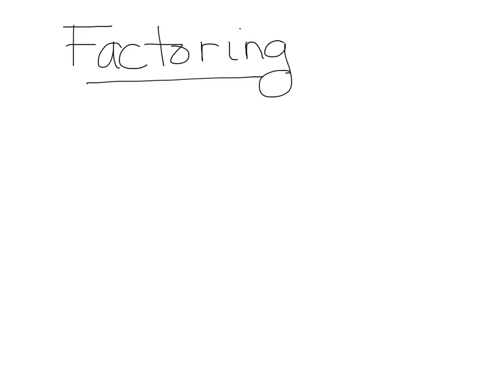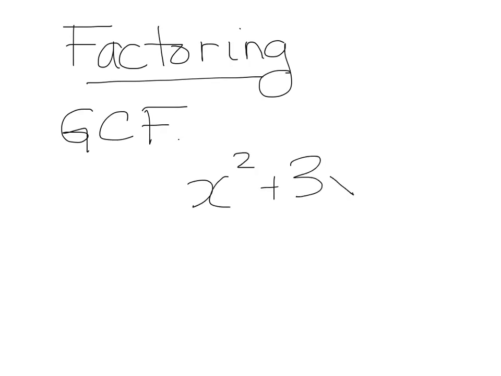And the first thing you always want to remember when you're talking about factoring, of course, is GCF. This is when we're talking about anything that has a common factor to all the terms. So if you're looking at x squared plus 3x, then of course those are two terms. We want to make sure we're using the right words, because the terms are separated by addition in this case. Could have been subtraction, would also make two terms.